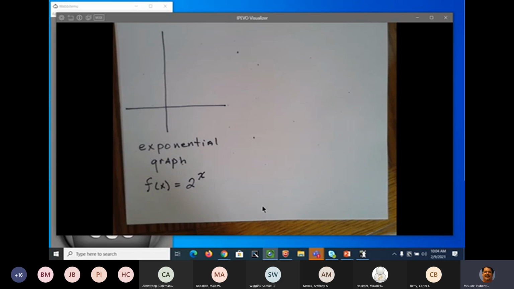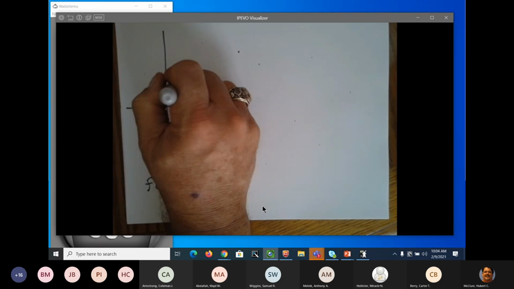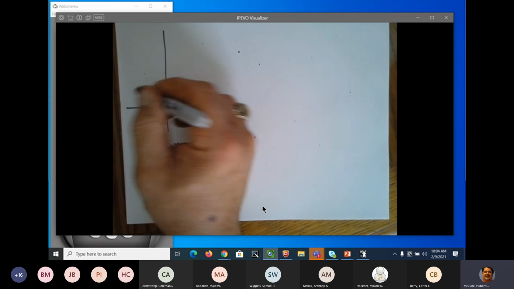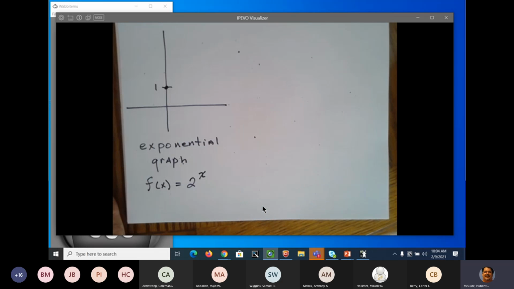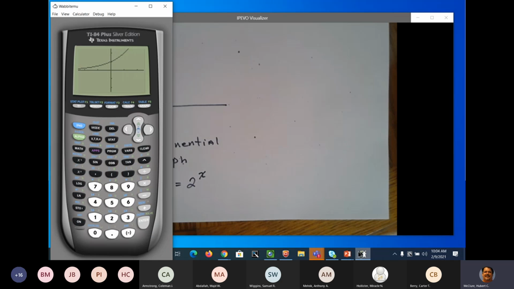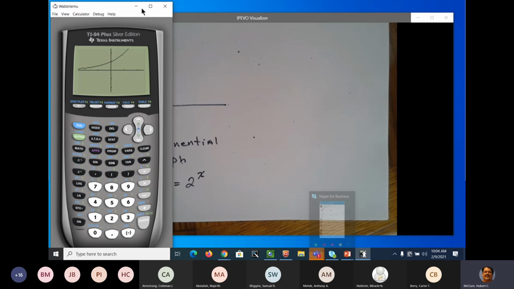All right, it's always crossing at 1. No matter where it's going, just like this one, it always crosses at y is equal to 1. So let me move that over here a little bit. There we go.